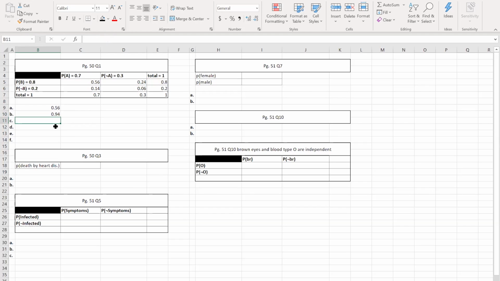And now we get the probability of A or B occurring is 0.94 or 94%. There's a 94% chance that A or B will happen, A or B or both. C is what's the probability of neither A nor B happening. We don't want either of those things to happen. And that's just the probability of not A times the probability of not B, which we already solved for, right?